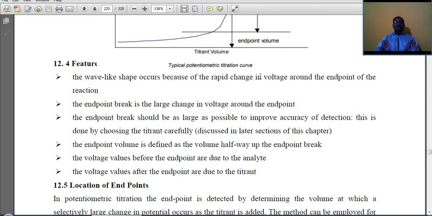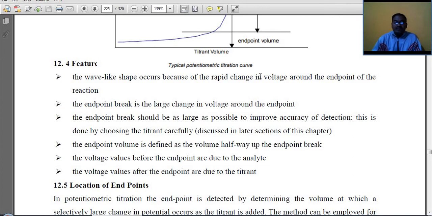The wave-like shape occurs because of the rapid change in voltage around the endpoint of the reaction. The endpoint break is the large change in voltage around the endpoint. The endpoint break should be as large as possible to improve accuracy of detection. This is done by choosing the titrant carefully.